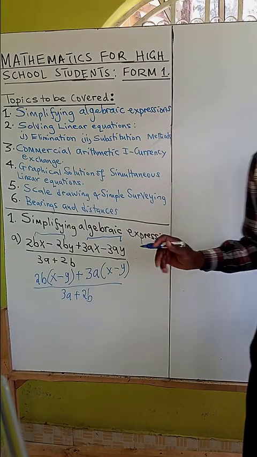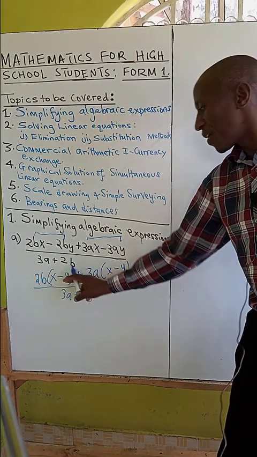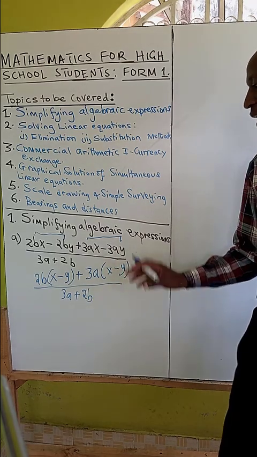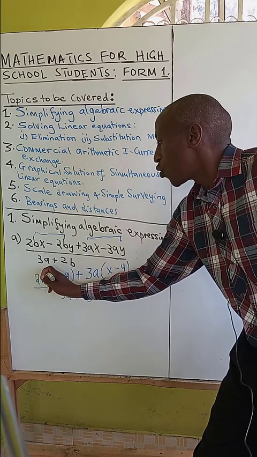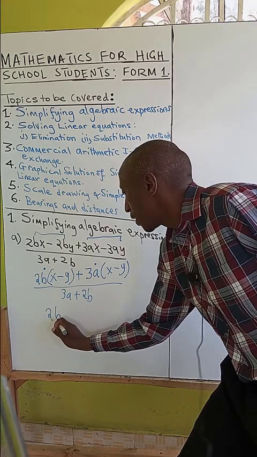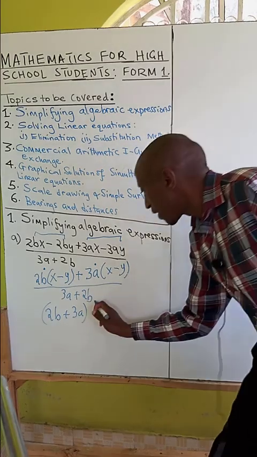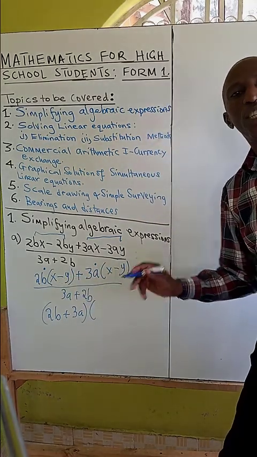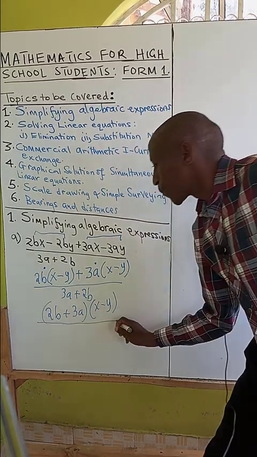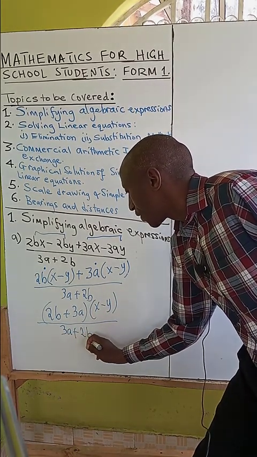At this level, we look at common terms. x minus y is common in the first set, and x minus y is common in the other set. So here, learners, we take these multipliers and put them together. That is 2b plus 3a as one factor. And then of these two, we take one of them, that is x minus y, all over 3a plus 2b.